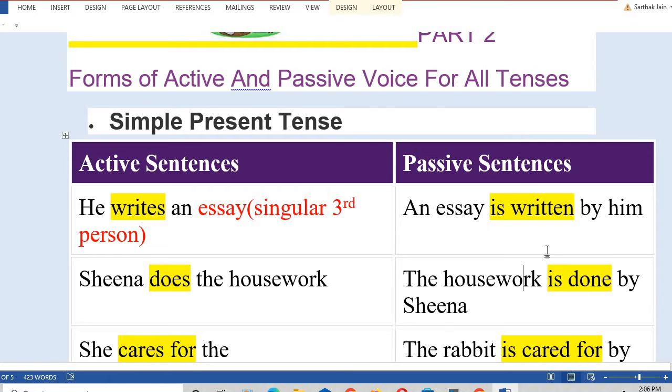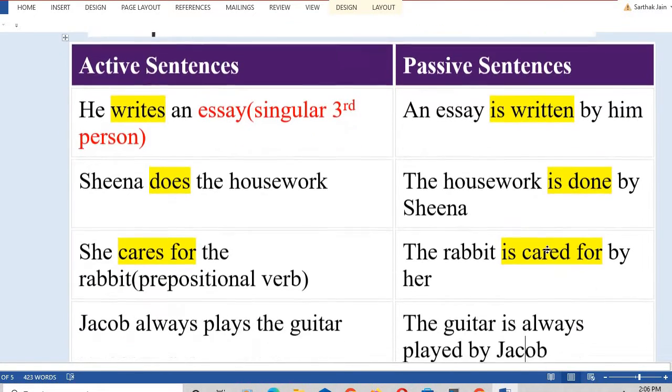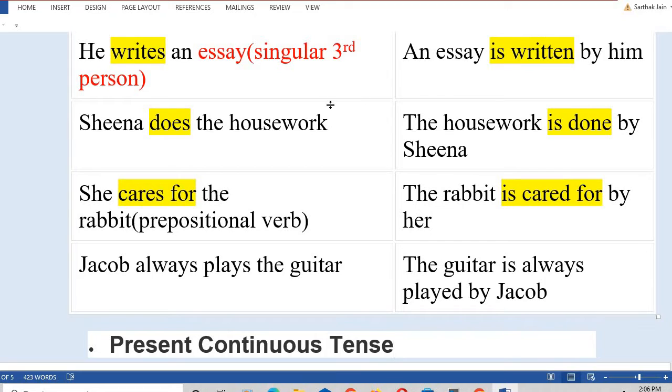Okay, next is Sheena does the housework. Why, in all the four sentences, does the verb carry s or es with it? Because the subjects here are third person and singular. Similar is the case of the passive voice.